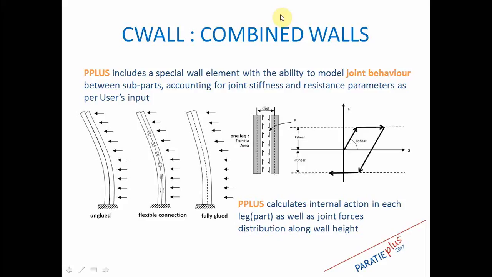So we have an element that may act as two single walls, mentioned here like unglued elements, or as another upper bound value as a fully compact section, accounting for the inertia of the cross section as a wall, or we may also capture a flexible connection behavior that is in between the two lower and upper bound behavior.